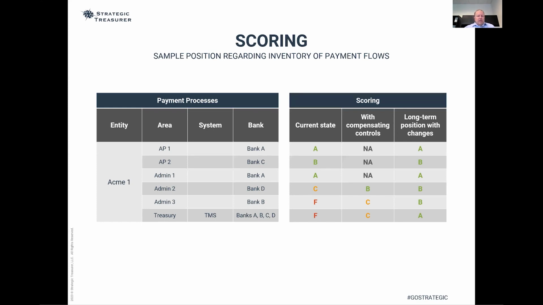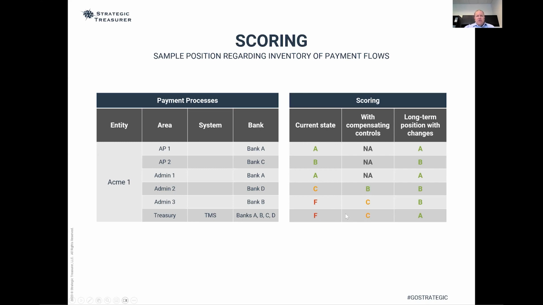Just really quickly, as you look at the inventory, here are the entities, the different areas of payment flows, what system is being used, what bank, and then the ability to score. What's the current status? You can use the A to F range, or you can use your own standard. Do you have compensating controls to help make that better? If you put in compensating controls, does it move it up to something that's considered acceptable?